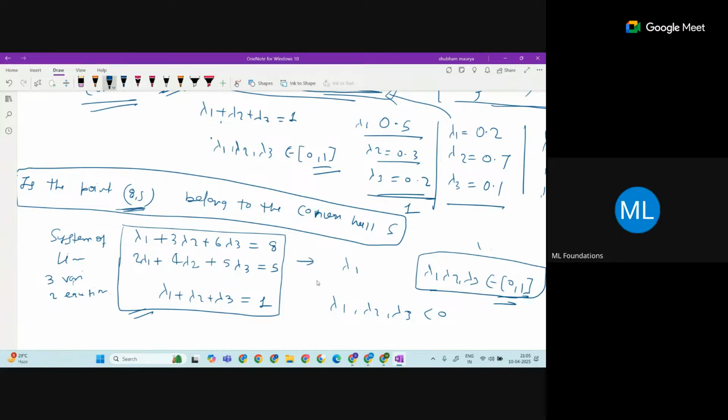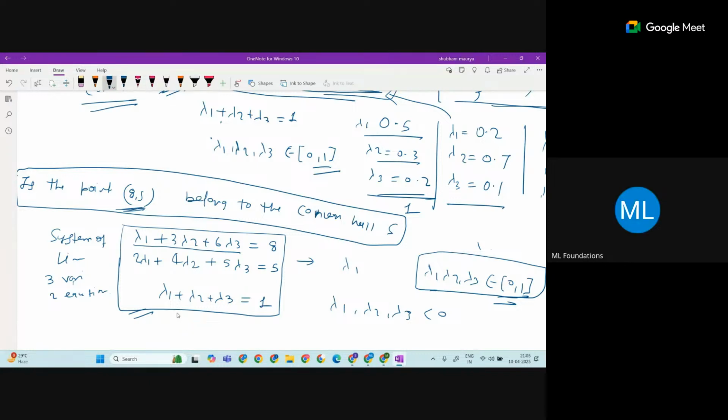First statement: lambda 1 plus 3 lambda 2 plus 6 lambda 3 is equal to 8. Now assume lambda 1 and lambda 2 are at the minimum, that is 0. Then lambda 3 becomes 8 by 6, which is greater than 1.